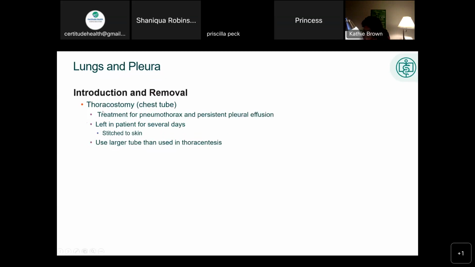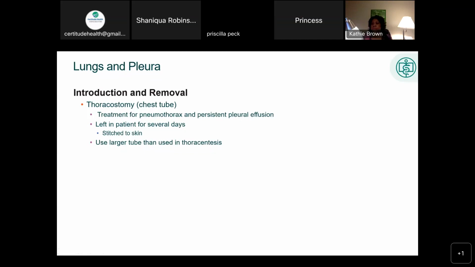Introduction and removal. So I mentioned earlier the thoracostomy, using the example of the chest tube that they would use to treat a number of things where they may need to remove fluid, but they give another really good example here. I used blood for drainage, but they would also use that for pleural effusion. I mentioned pleurisy earlier. It's the same thing, where there's an overabundance of fluid in that pleural cavity that they need to drain out.